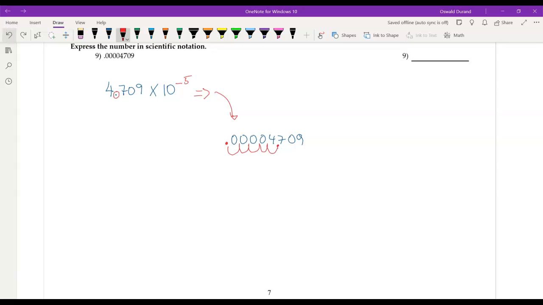All right, so the rule for scientific notation is as follows. This is the format of a scientific notation: A times 10 to the power of n, right?